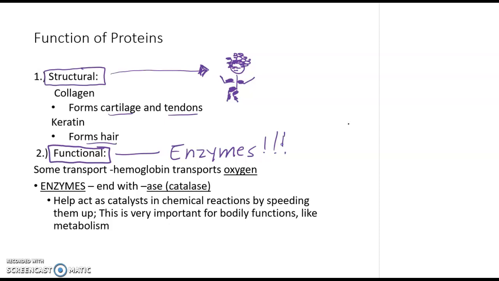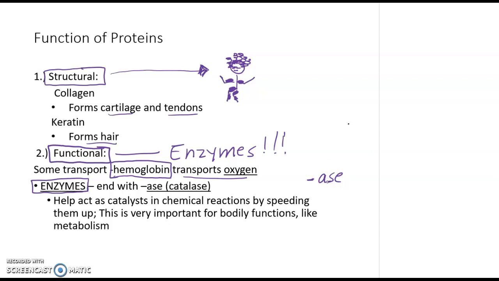When we break down food, that's really because of enzymes that we have. When we transport blood or transport oxygen, hemoglobin is a protein that transports oxygen. And so enzymes are pretty amazing things. You're going to find that the end of an enzyme, the suffix of an enzyme usually ends in -ase.